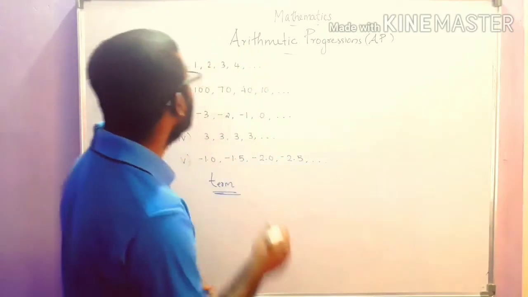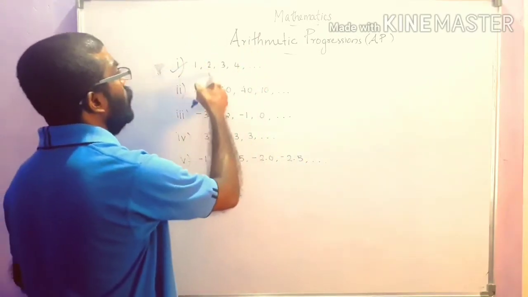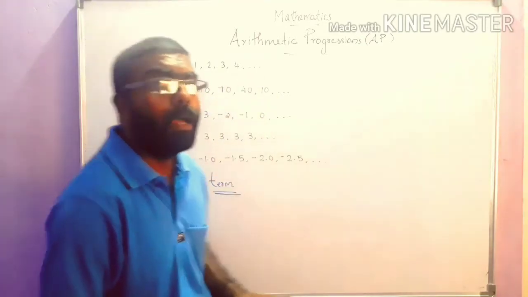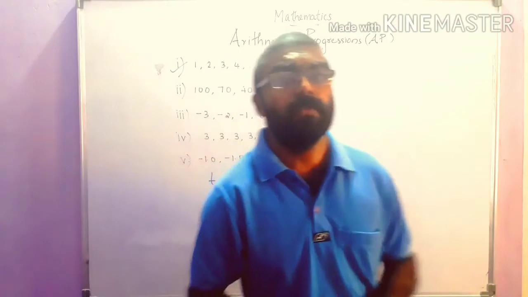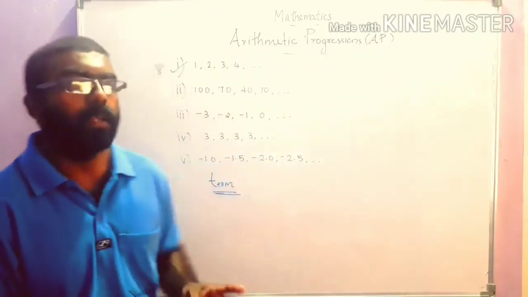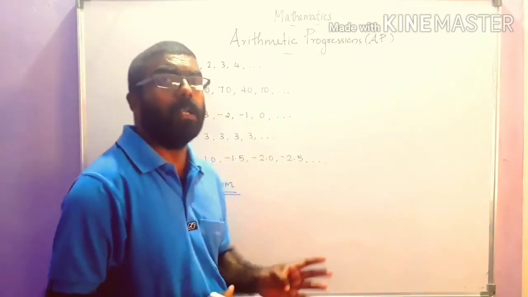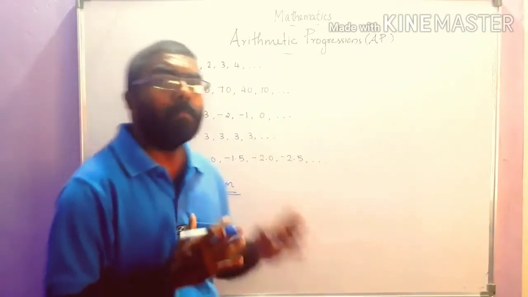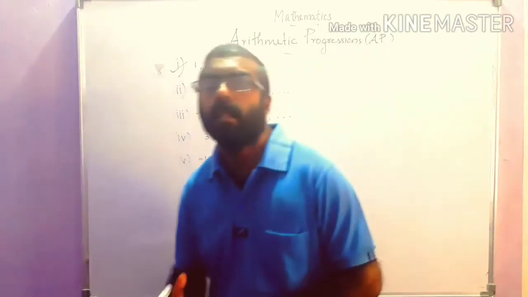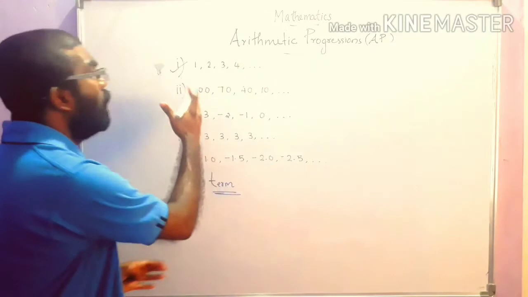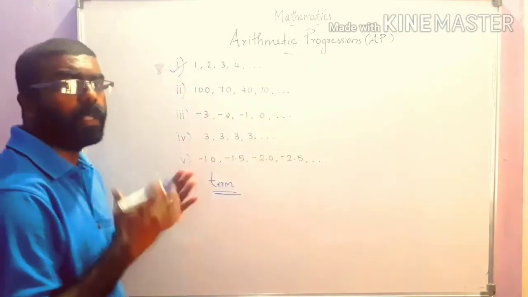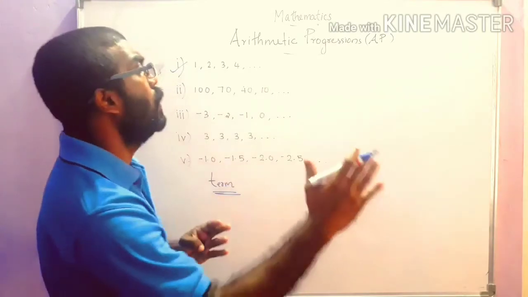The first example here is 1, 2, 3, 4 and so on. And we all know that this list of numbers is called what? Natural numbers, the numbers used for counting. Each number is obtained by adding 1 to the preceding number. That means 1 plus 1 gives 2, 2 plus 1 gives 3, 3 plus 1 gives 4, 4 plus 1 gives 5, and so on.